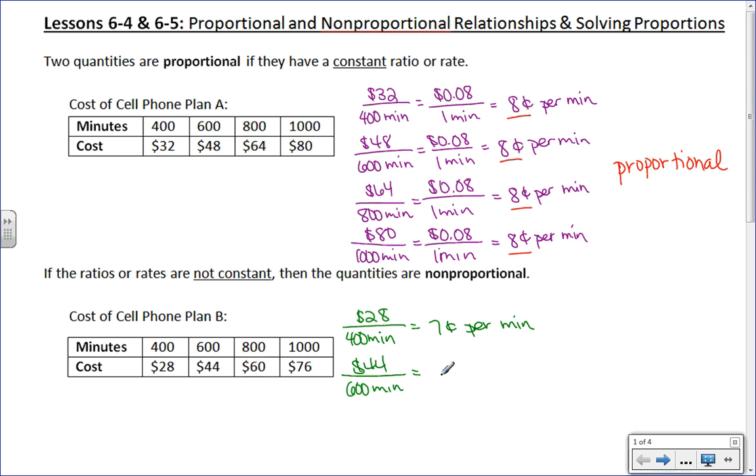But when we divide these, this comes out to 7.3 cents per minute. And this is actually 7.3 repeating, so this is rounded off to 7.3. So I'm going to use the approximately equal to symbol. So it's like an equal sign, but with squiggles instead of the straight lines for equals.